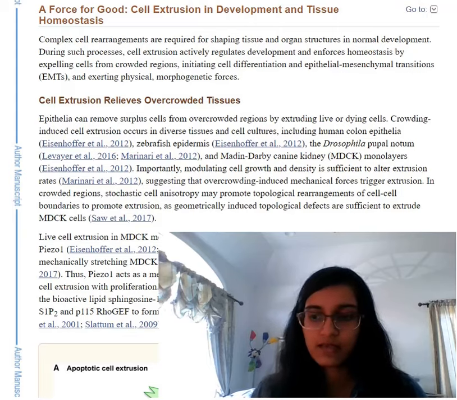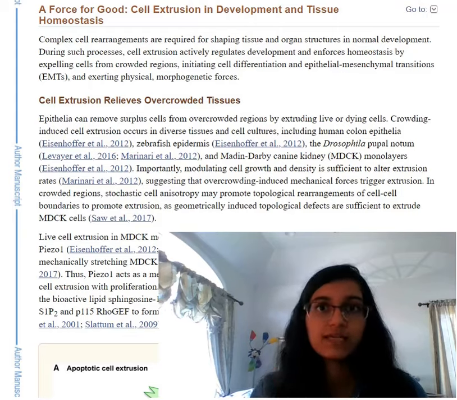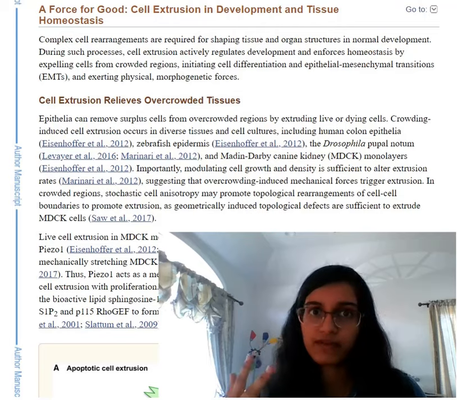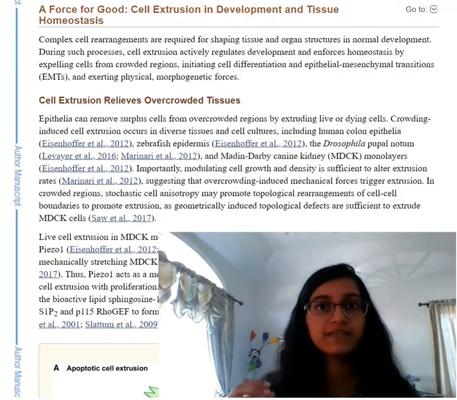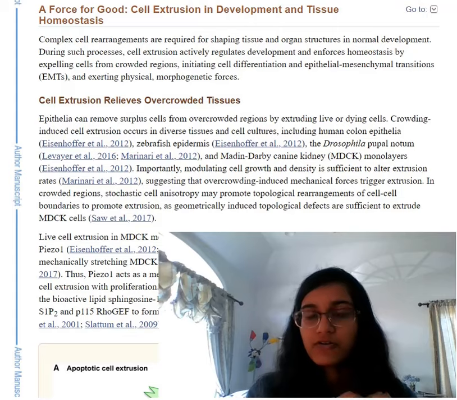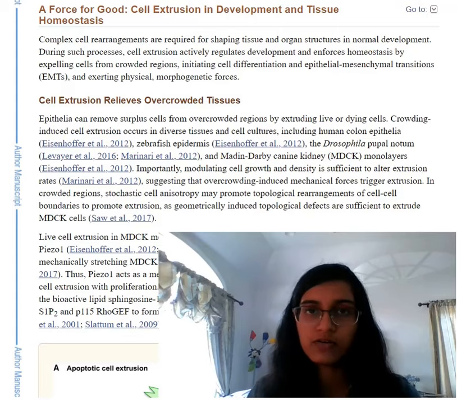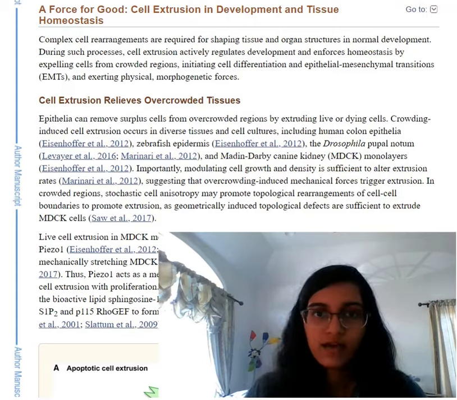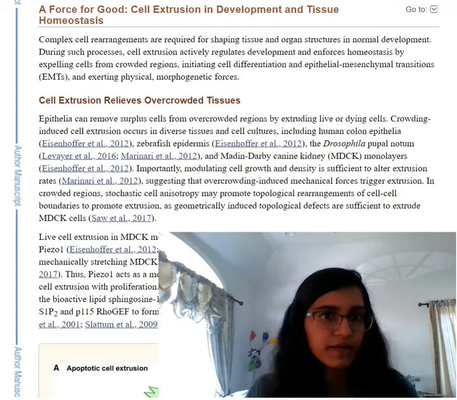Mesenchymal cells are cells that can differentiate into connective tissue, lymphatic tissue, or blood vessels. So the epithelial mesenchymal transition is basically a process where an epithelial cell turns into a mesenchymal cell. That's a more simplistic way to put it.